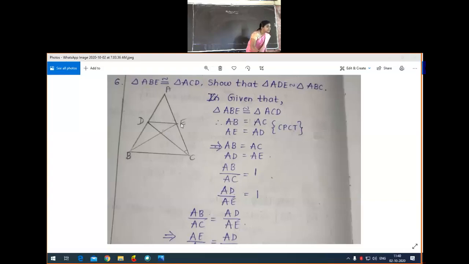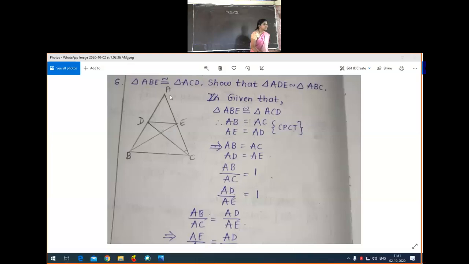Are you observing the congruence symbol here? Show that triangle ADE is similar to triangle ABC.